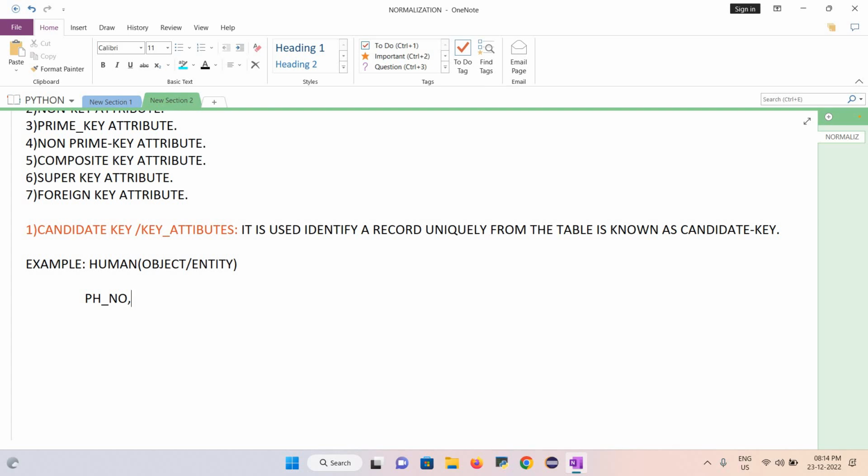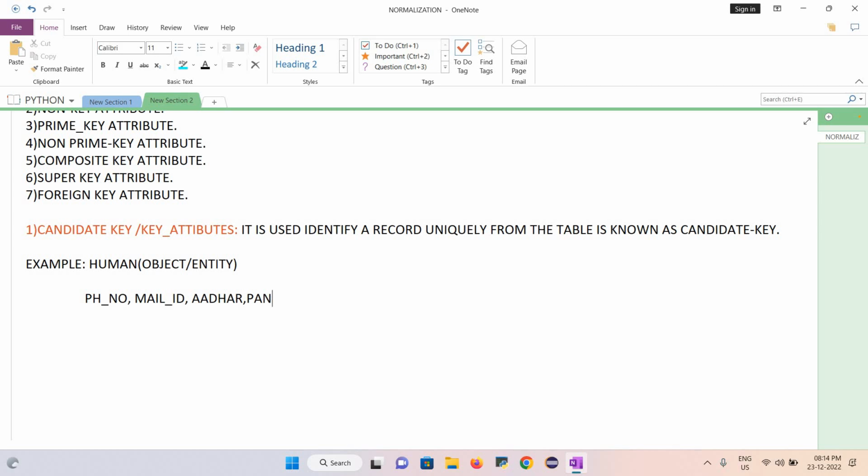So that's why I consider it one of the candidate keys. The majority of people have a mail address, which we also consider a candidate key, because it also gives a unique identification of the human. Nowadays a famous one is the Aadhaar card. I hope each and every human will have this in future, and already some people have Aadhaar.